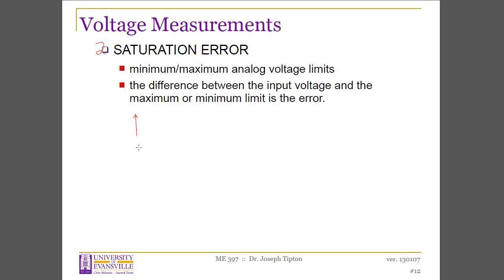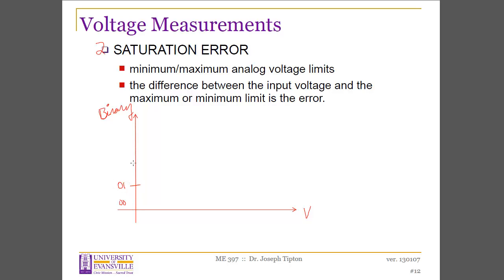Let's draw this graphically. So we'll have our binary again on the y-axis, and we'll have our voltage on the x-axis. There's our voltage. There's binary. And remember, we had a binary 0, 0 at the bottom here.